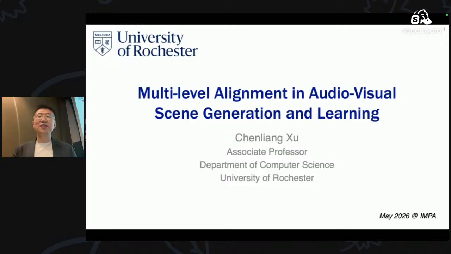My name is Chenliang Xu, and I am an associate professor of computer science at the University of Rochester. I can give you a little bit of background on the University of Rochester. We are a small private school located in Western New York.